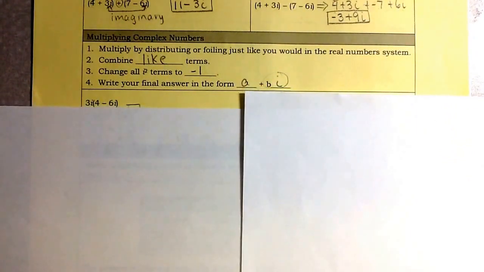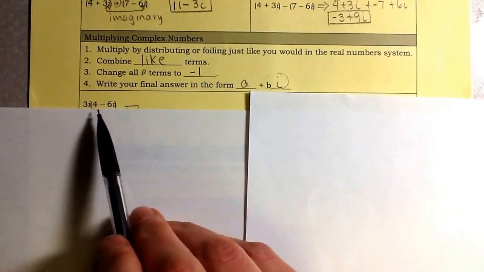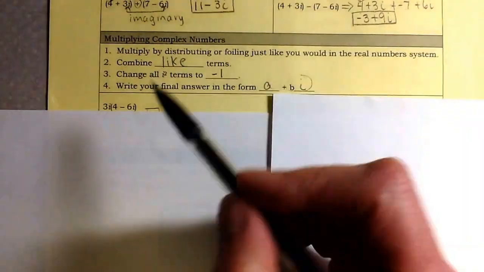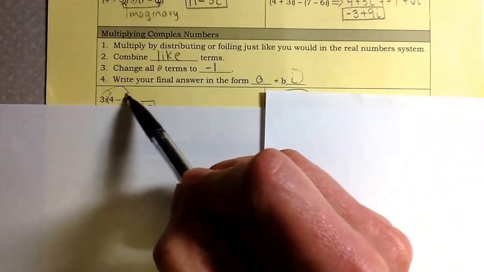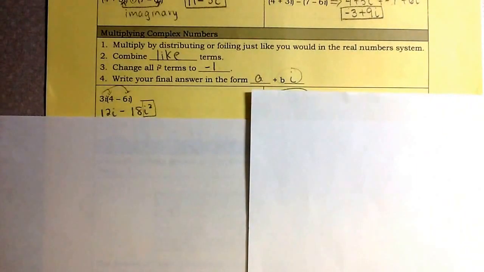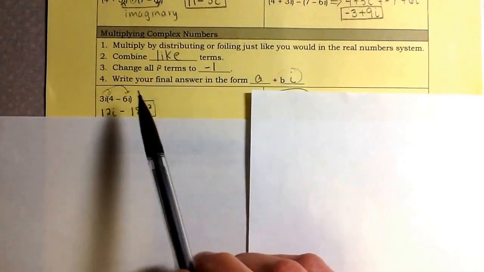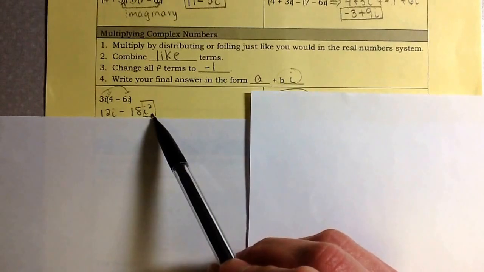Okay, so here's an example with just a 3i multiplied by 4 minus 6i, and you're going to distribute just like you did in the real number system, and that's going to give you 12i minus 18i squared. Okay, so we don't have any terms to combine, but we do need to change the i squared to -1.